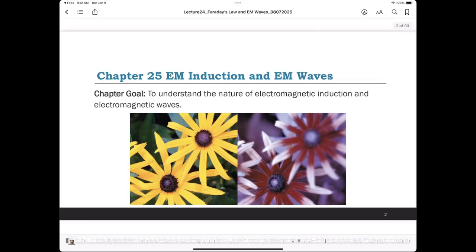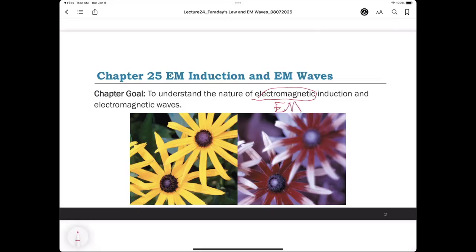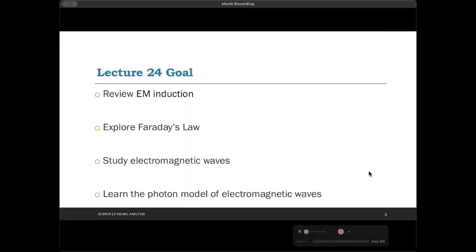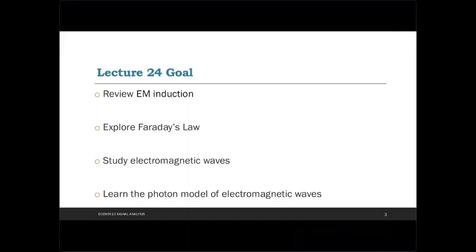This electromagnetic is just EM. This is the full name and this is the short name. And let's check today's goal.